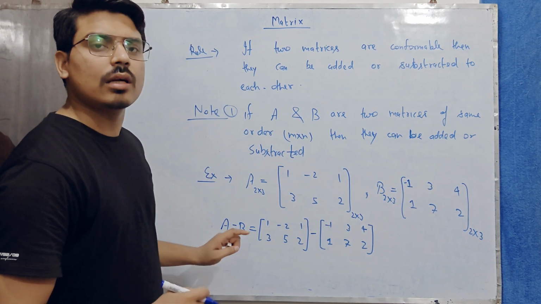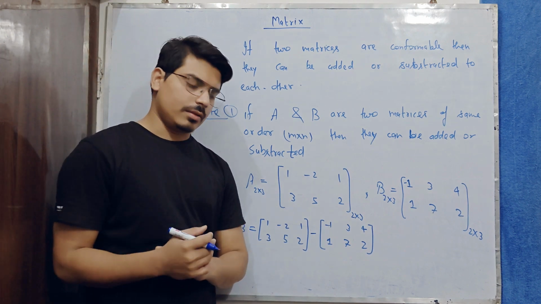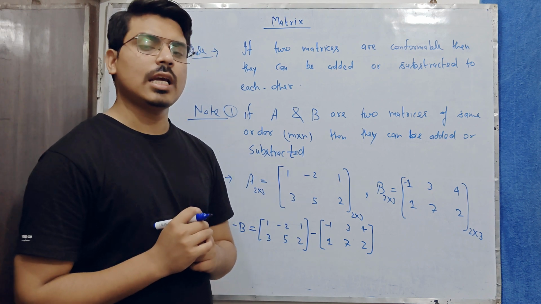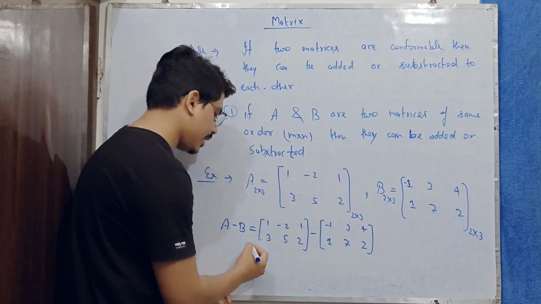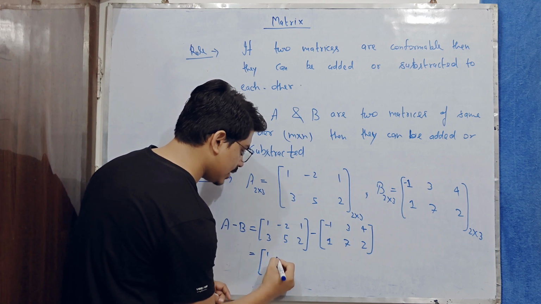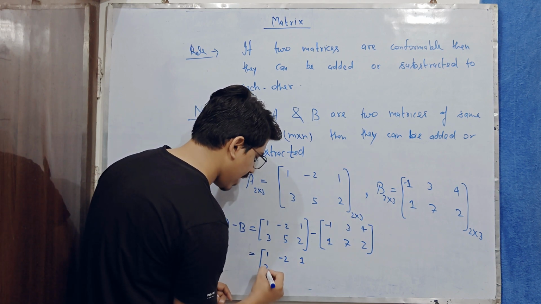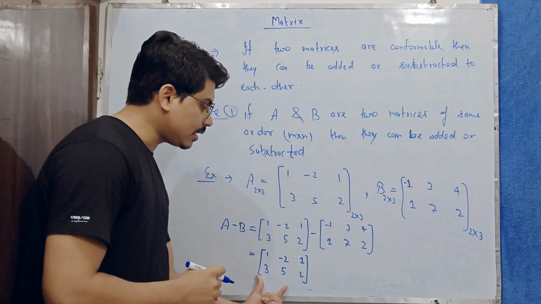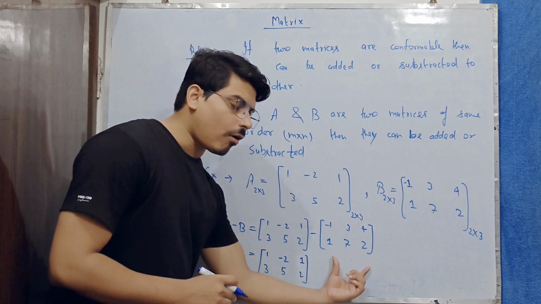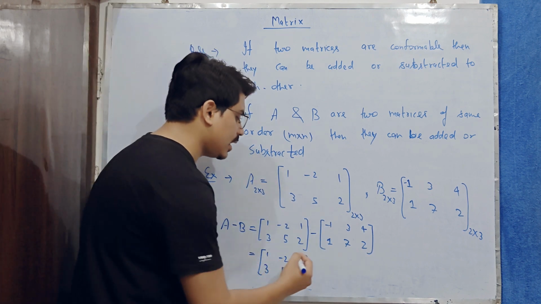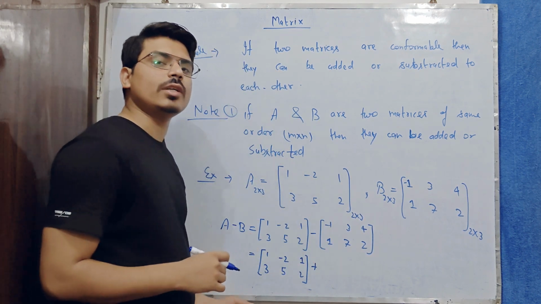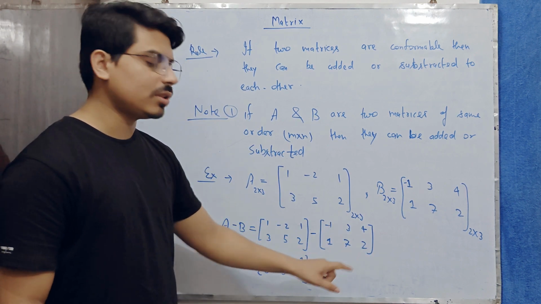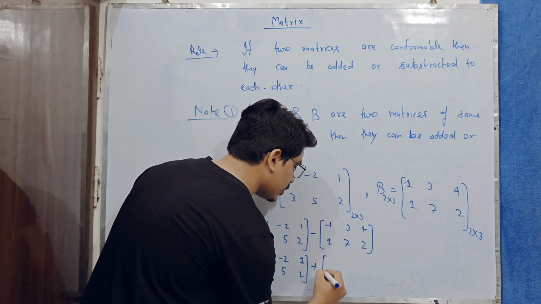Now student, I calculate A minus B. Remember one thing: whenever you have to find subtraction of two matrices, you can add the first matrix to the negative of the second matrix. It means you take this minus sign inside the bracket to each term, then each term has the opposite sign.